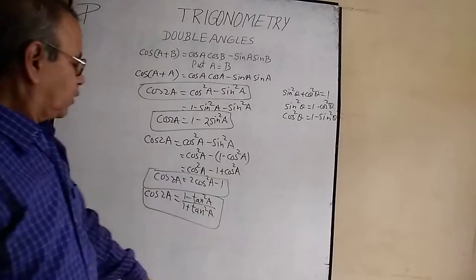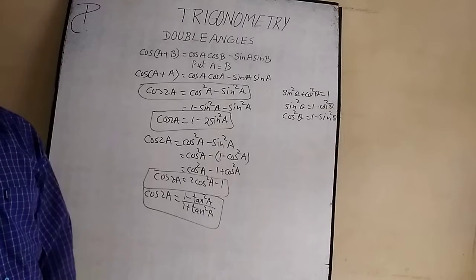So that is equal to 1 minus tan square A upon 1 plus tan square A.